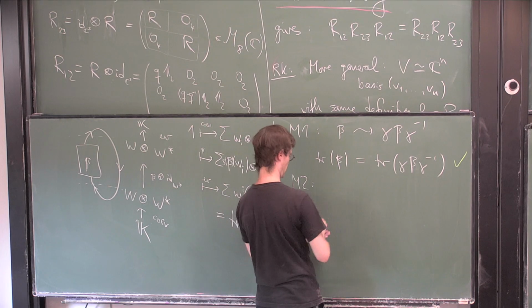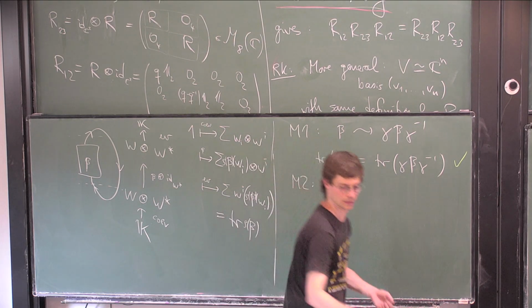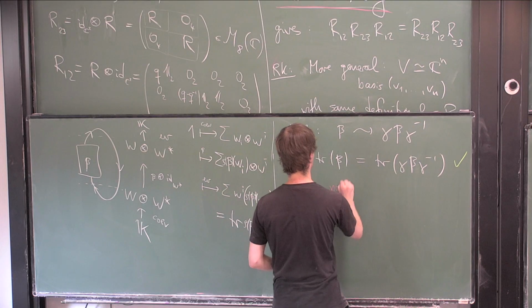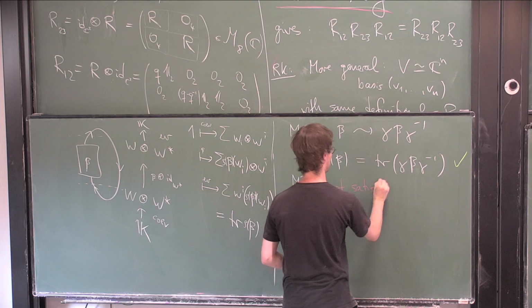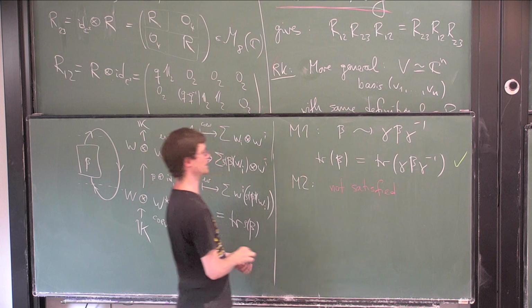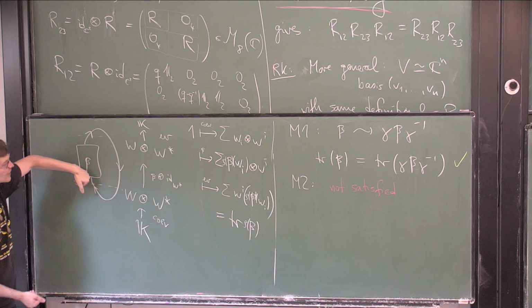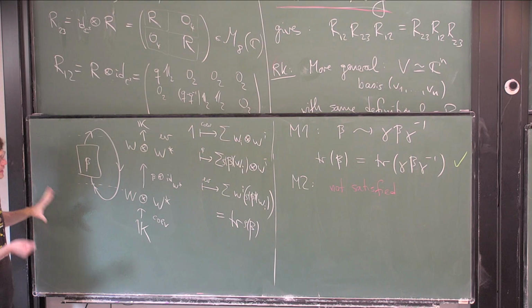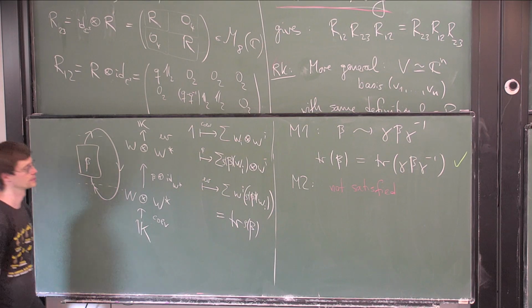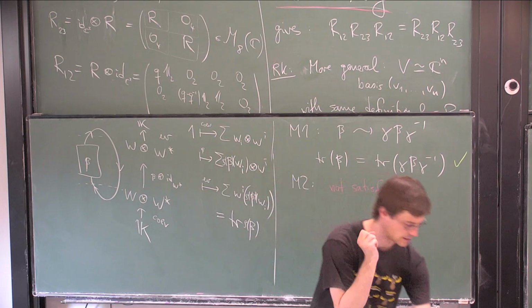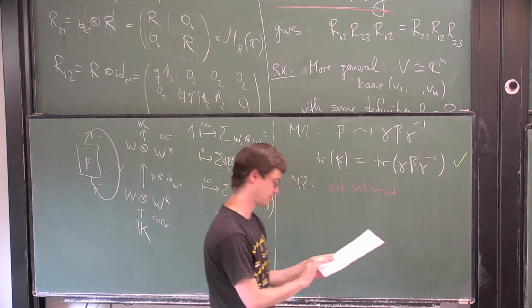It's not satisfied. So if you take literally this R matrix representation of braids and you just take traces, you do not get immediately a link invariant. So you have to slightly change the construction.